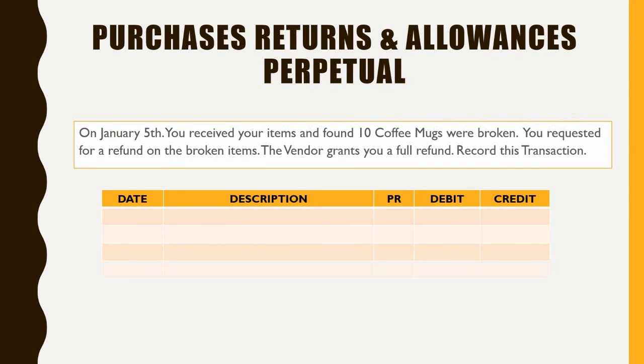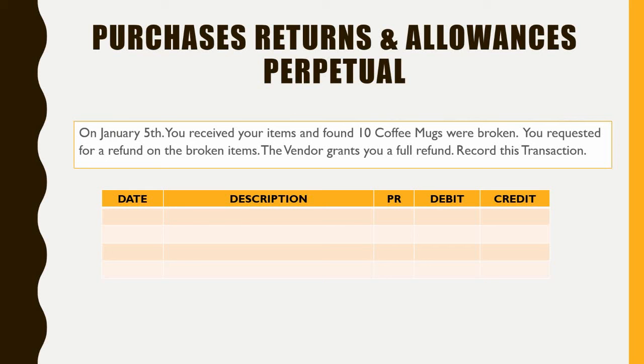So then, let's just say for this scenario, on January 5th, you received your inventory and found that 10 of those coffee mugs were broken, and you requested a full refund for the broken mugs. And the vendor, of course, grants you a full refund.